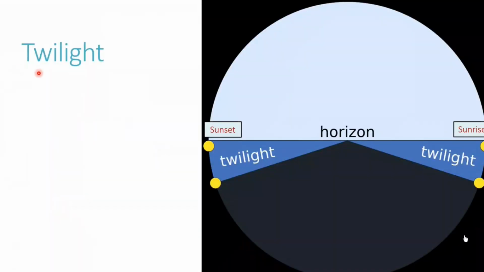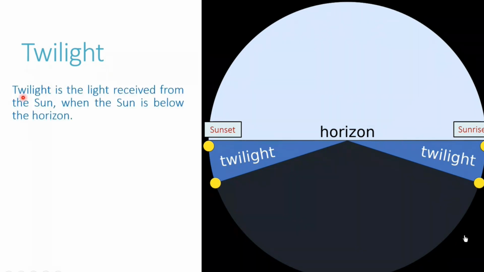Let's now understand the concept of twilight. Twilight is the light received from the sun when the sun is below our horizon. We receive the light from the sun when it is above our horizon, and we call that light sunlight.